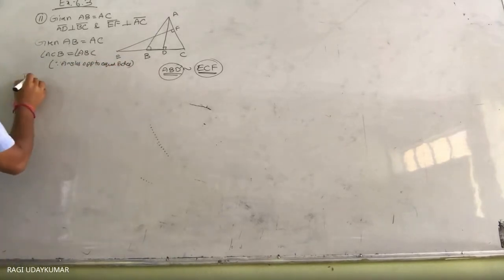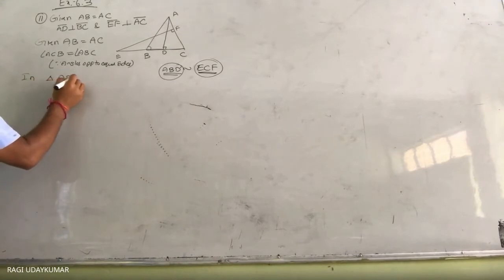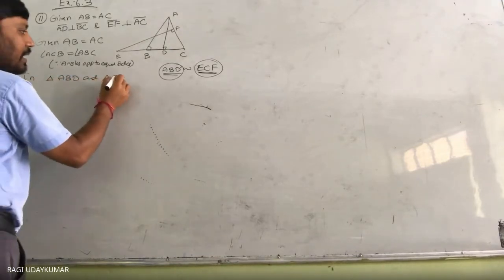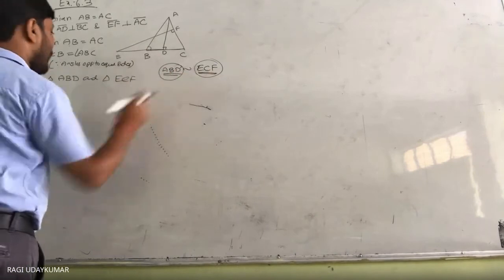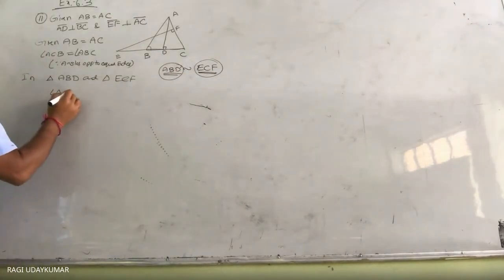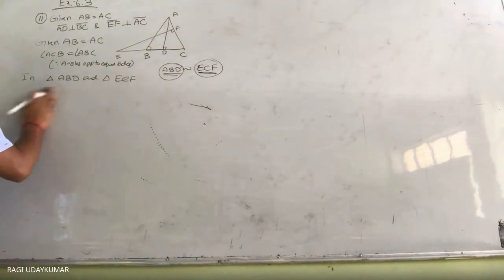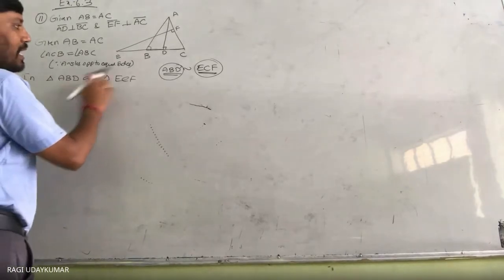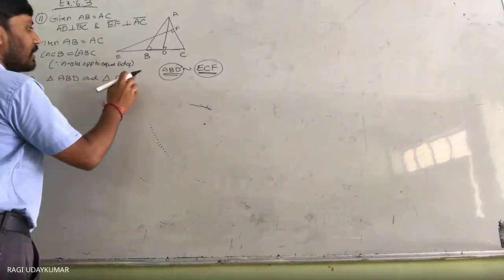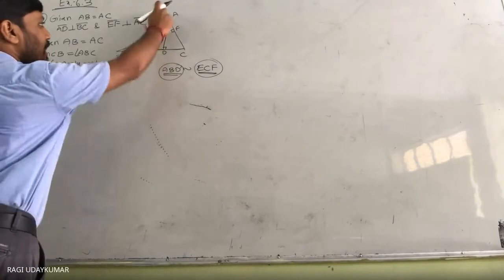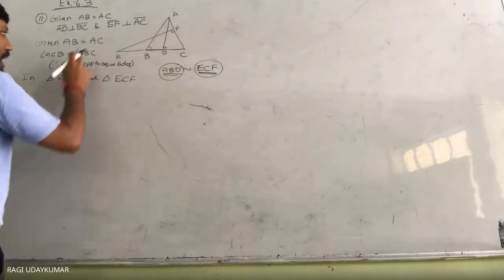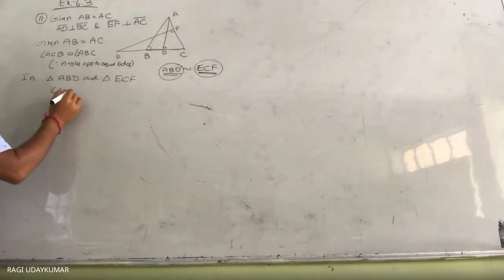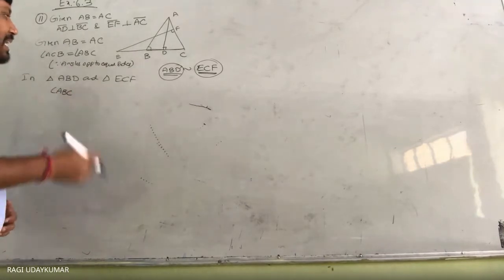So now in triangle ABD and triangle ECF, these two triangles we are taking. Sorry, not ACB. In triangle ABD, what is the angle? This angle ABC. So angle ABC can be written as ABD also.